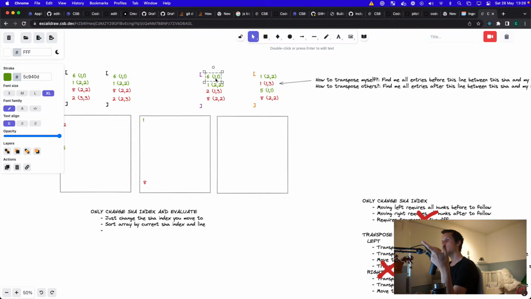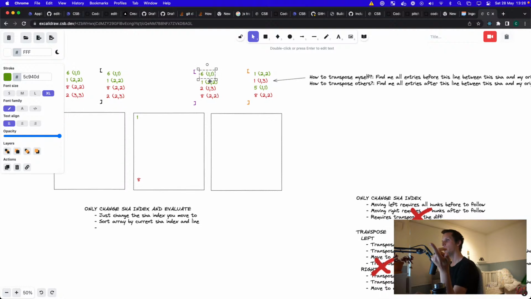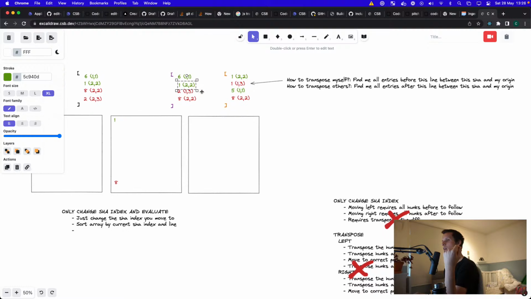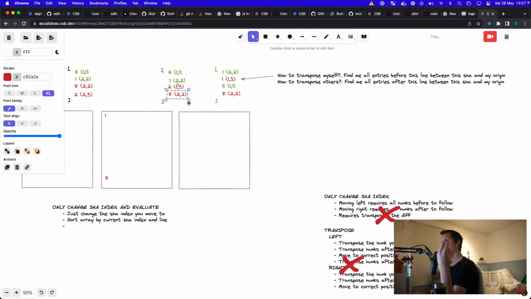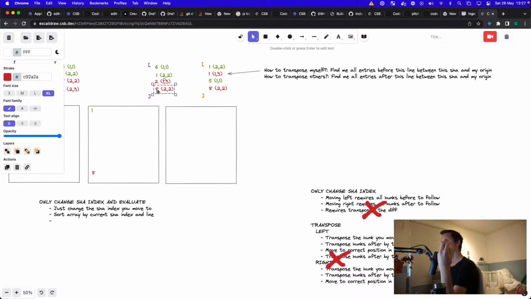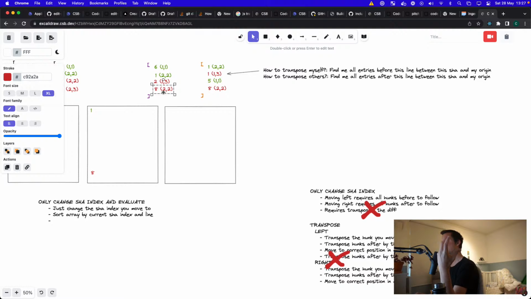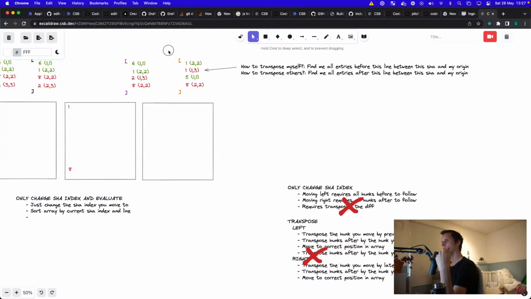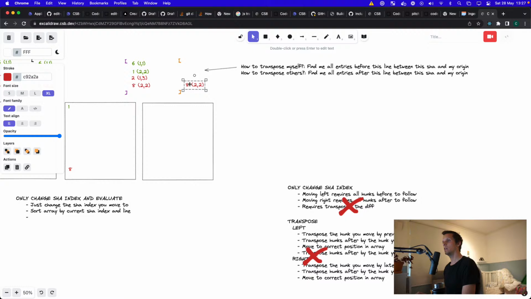So it finds 6, it transposes it to 5, and it skips 1 because it's a line less, but it finds 8 because it's between 1 and 3. And it transposes that as well. And then it just continues. Yeah, so we don't have to sort it.